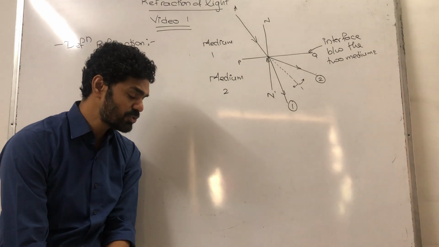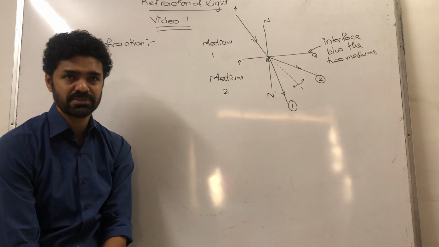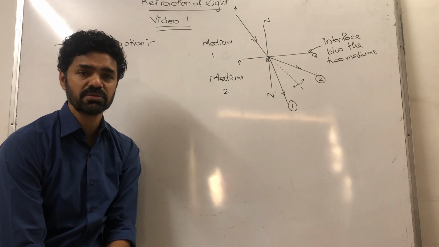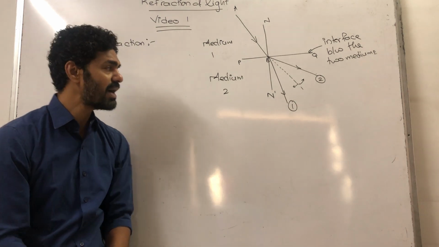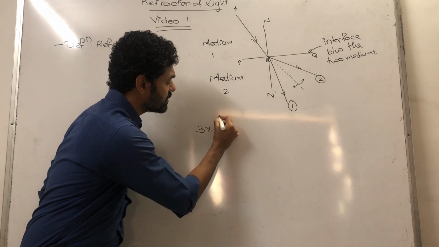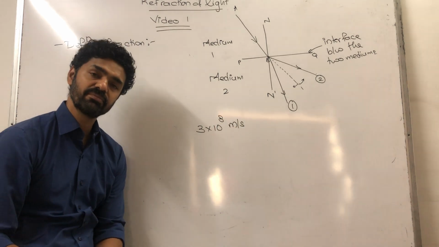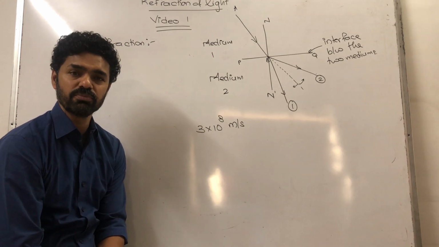Now the question that should come to our mind is, why does light bend? Why does this phenomenon occur? When light travels in vacuum, its speed is 3 into 10 raised to 8 meters per second. Light is fastest in vacuum.